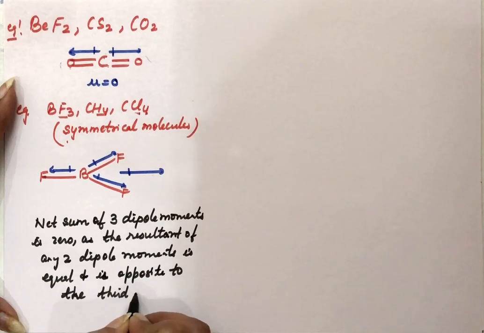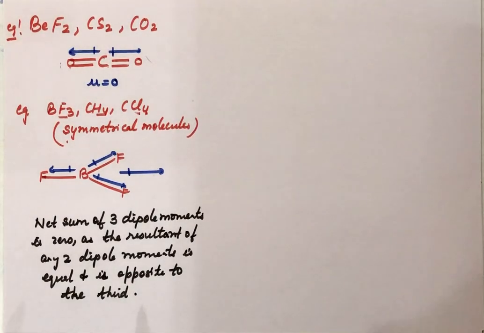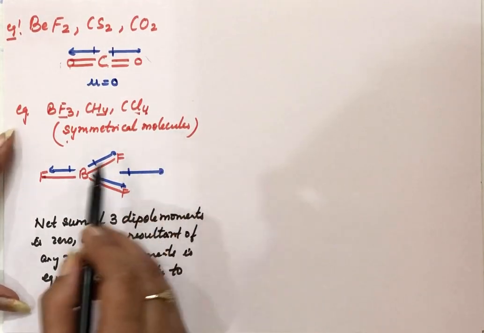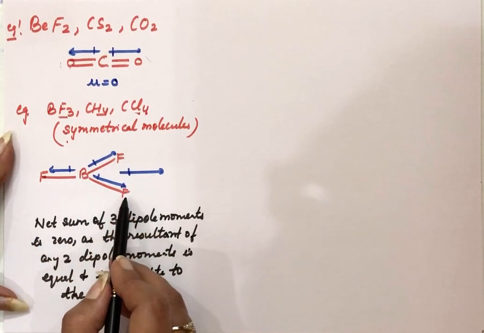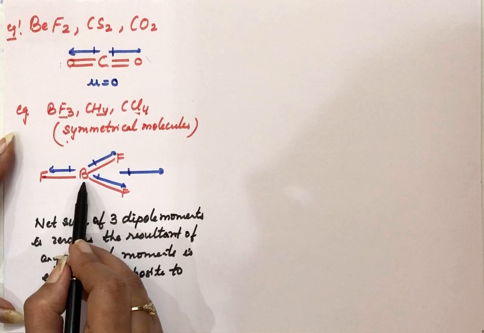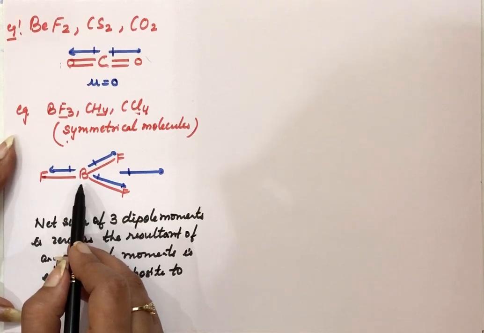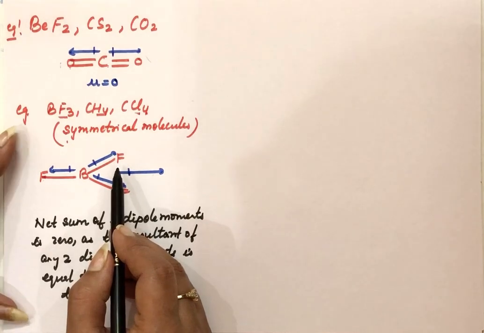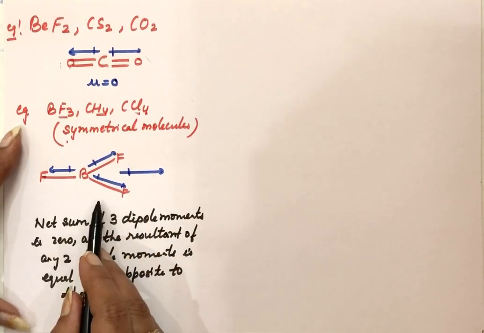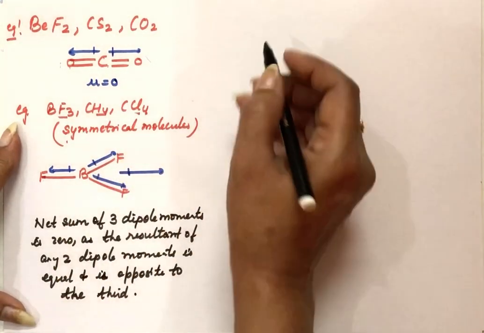So the hint I told you is: when the molecule is symmetrical, there are no lone pairs on the central atom and all the outer atoms linked with the central atom are the same, then the dipole moments of all the bonds will be cancelled out and on the whole the molecule will become non-polar in nature, like BF3. Now come to CH4.